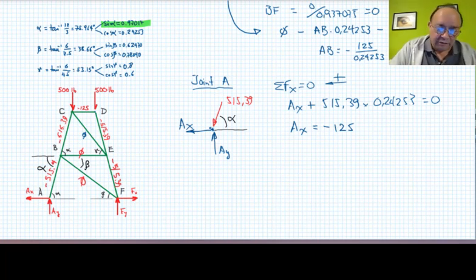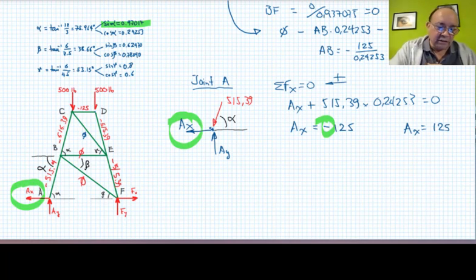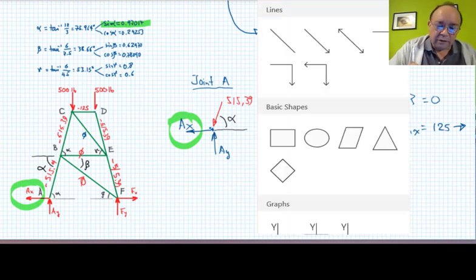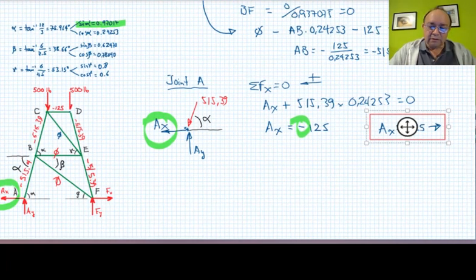So now I found out that the reaction is in the wrong direction. So the way to write this answer is AX equals 125, but you see here, I was assuming initially that the force was going to the left. So now that I found this minus sign here, I know that it's going to the right. So I put this arrow indicating the direction of the force. And that's the way you write the answer of that reaction.